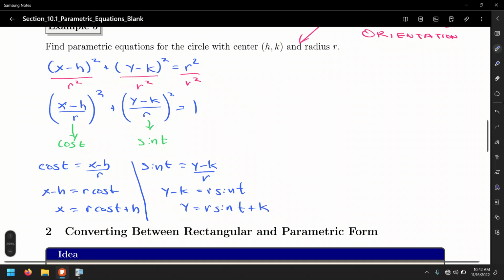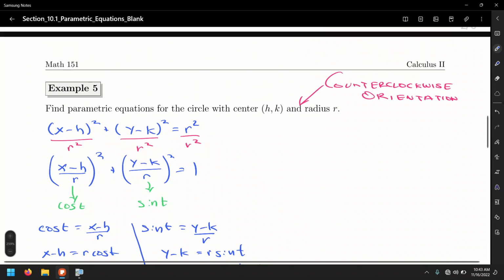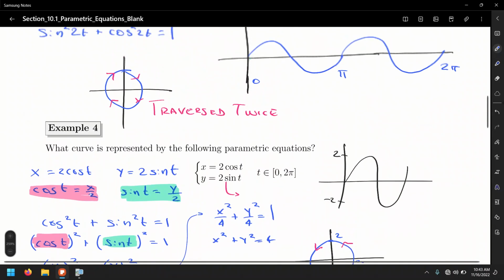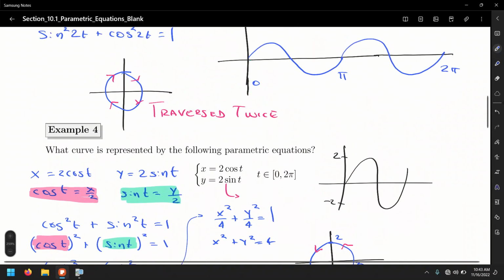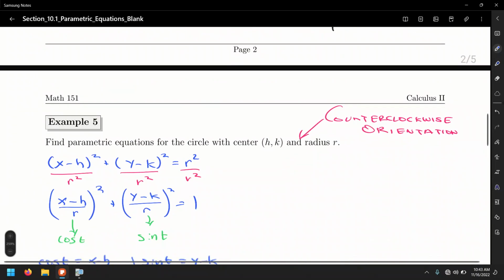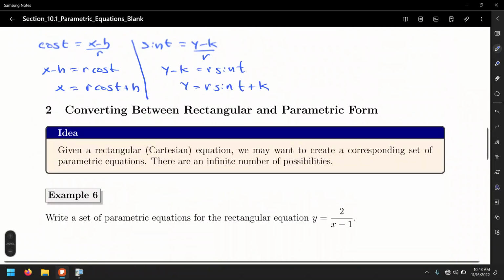And this is going to explain why these coefficients in front of the functions cosine and sine in the set of parametric equations have an effect on the radius, giving a circle of a larger radius. Like in the previous example, we had a coefficient 2 in front of the function that had the effect of making a bigger circle, in this case a circle of radius 2.